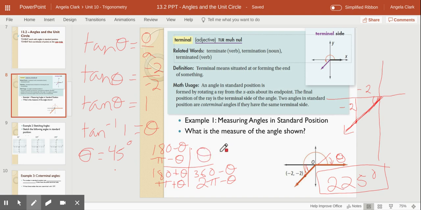If you put a negative in an inverse tangent, any inverse trig function, you're either going to get second or fourth quadrant. Two of them will give you fourth and one of them gives you second, and you don't need to know which is which right now.